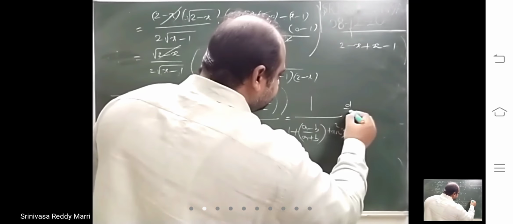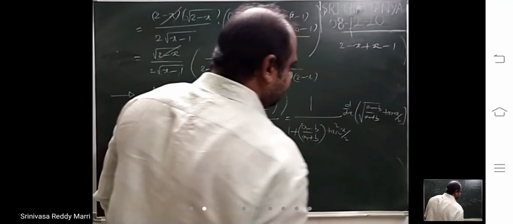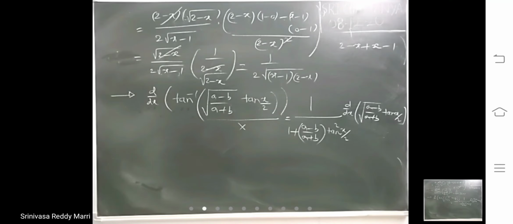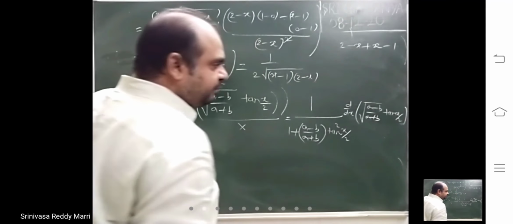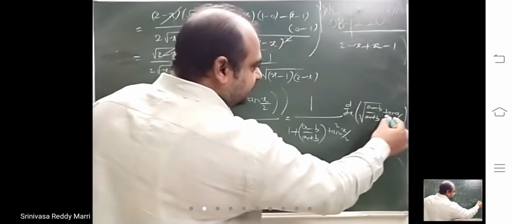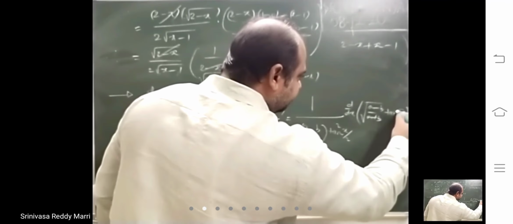That step you write: d by dx of root of (a minus b by a plus b) into tan x by 2. Now look, this is a constant, no need to apply the uv rule. Constant stays outside; for this part only you have to write the derivative.